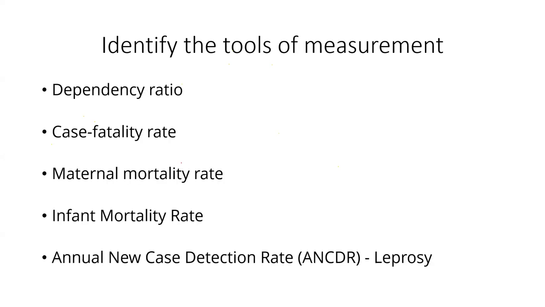Otherwise, it is a proportion. In literature, the word rate is used very commonly, but you will see that many of these are not rates. Dependency ratio, of course, is a ratio, but all the others are either ratios or proportions. This is something which you have to remember.